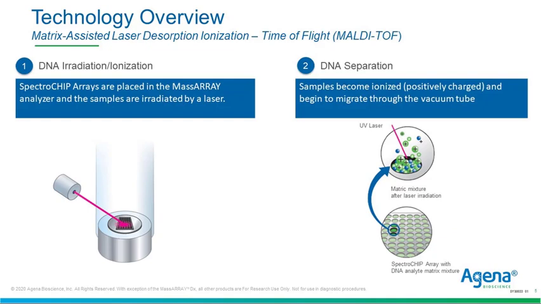How does this really work? So what happens is once you spotted your products from the biochemistry workflow onto your chip, then a laser irradiates each individual pad on the chip. This takes about 2 to 5 seconds per sample. And what happens in step 2 is once the laser is hit, you get a cloud of particles, matrix, as well as your single base extension products.